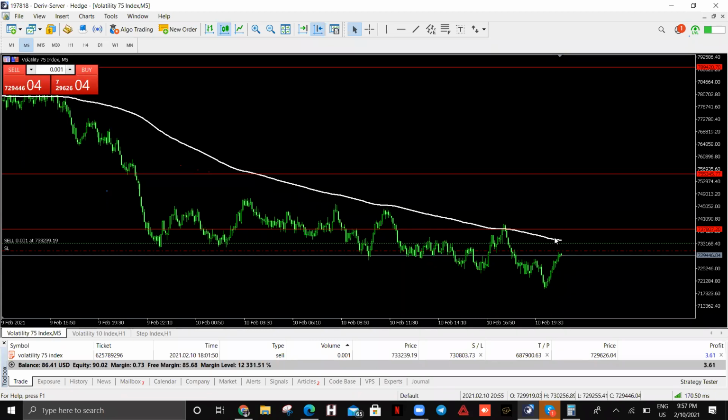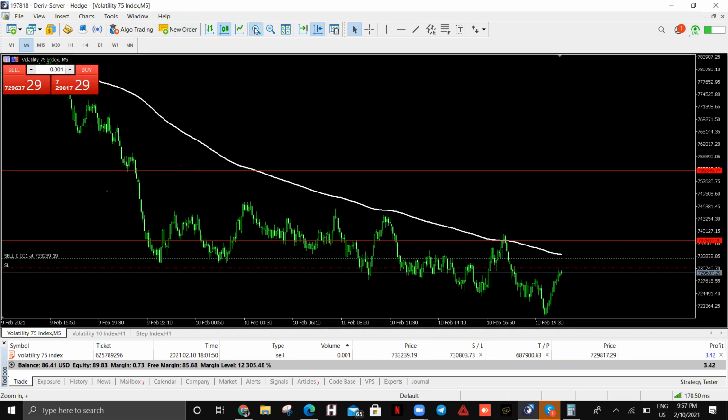But before I can comfortably buy this pair, I will wait for price to close above my 200 EMA, break this pivot and close above it. Then I will know that it's time for price to start going up. But since it's still under here, my confidence tells me that price is coming to the downward side.